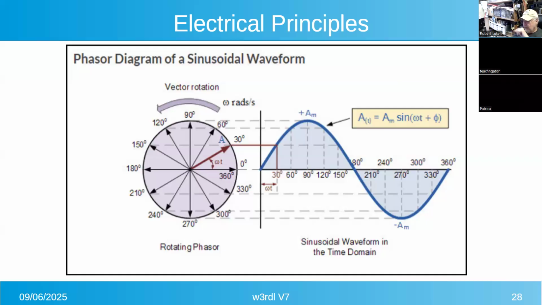If you look at that red arrow, we call that a radian. As we rotate that counterclockwise, each one of those steps, and we plot the height of it, you get this sine wave.